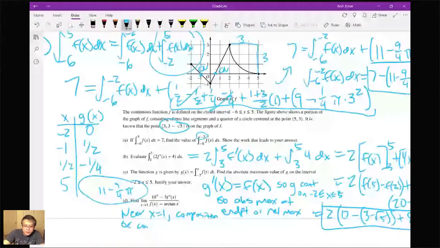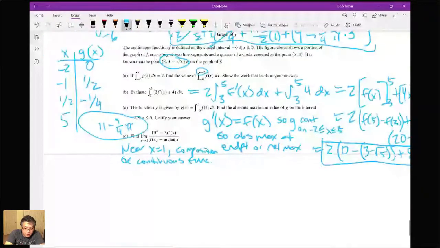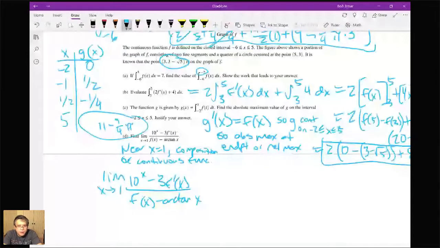Let's see what happens. If something bad happens, we might get 0 over 0 or infinity over infinity. Probably not infinity over infinity. We might end up using L'Hospital's, but let's see what happens first. In this case, we might not get that.